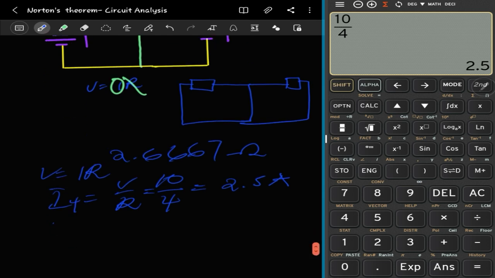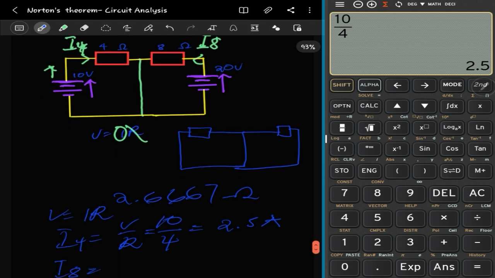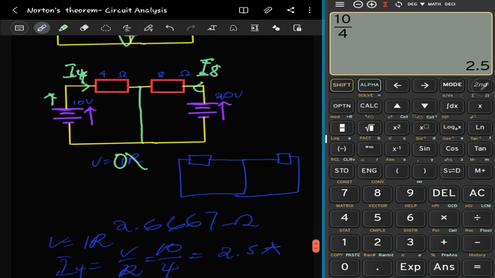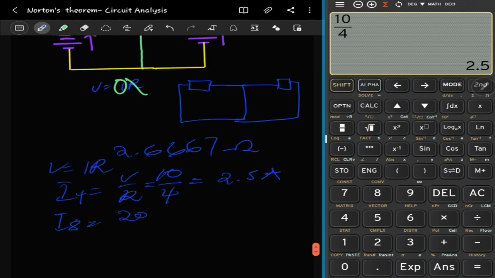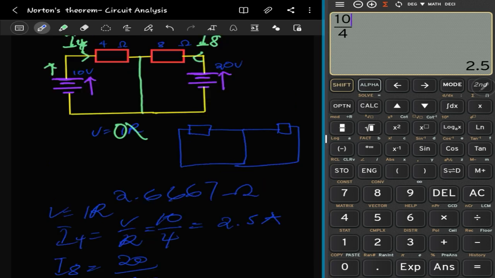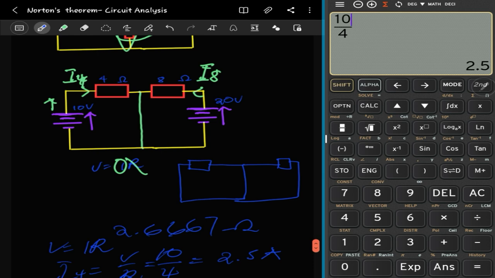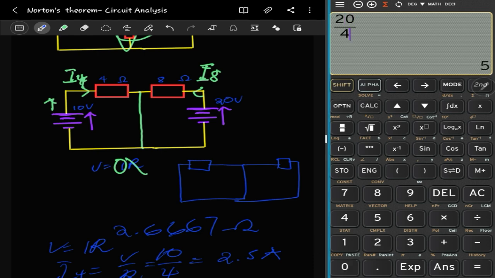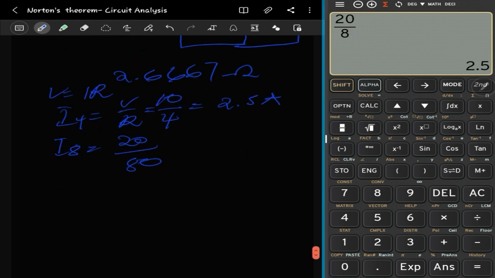Okay. So now our I8 will be the same, I is equal to V on R. That will be 20 on 8, right? 20 on 8. Yeah, 2.5 again. So we have 2.5 amperes here as well, right?